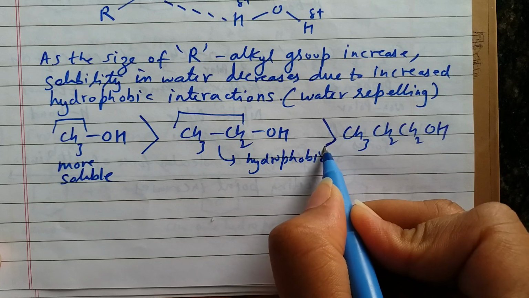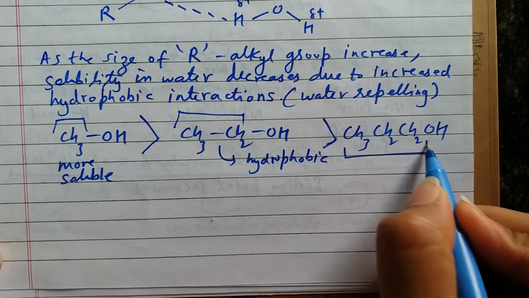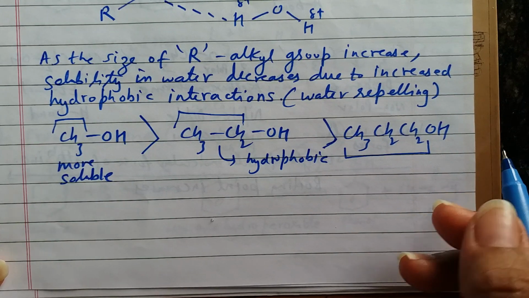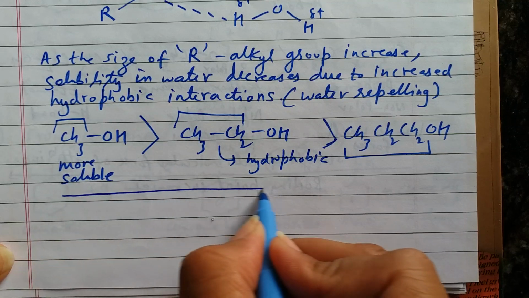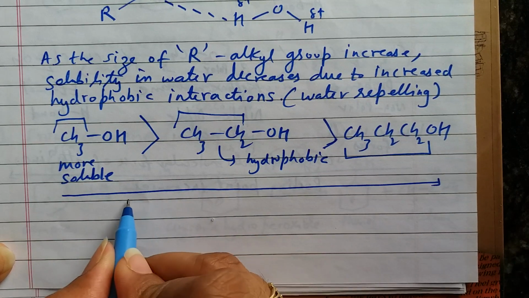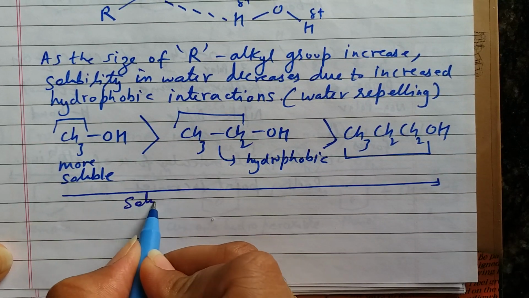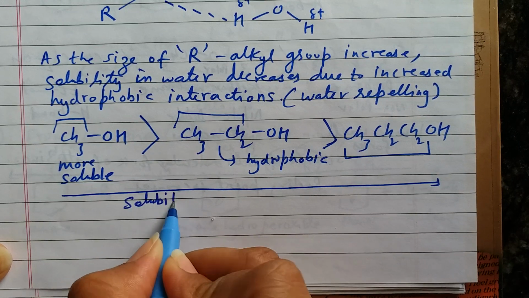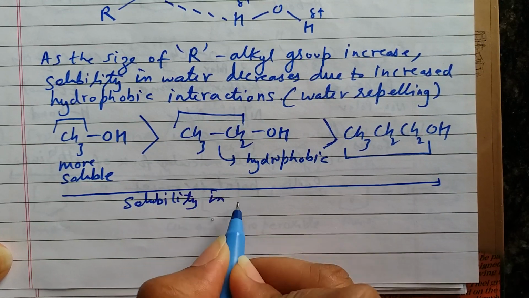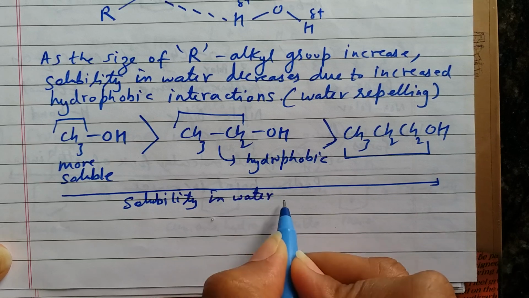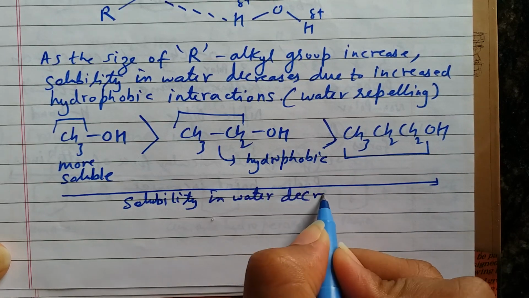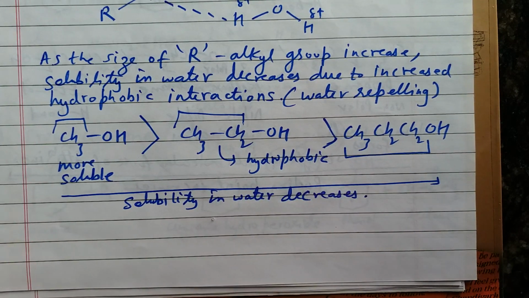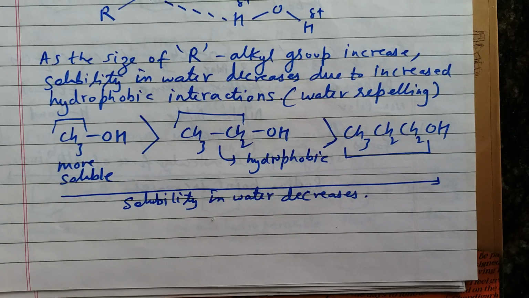It will be the same order. As the size of the alkyl part further increases, it will become less soluble. So from methanol to ethanol to propanol, the solubility in water decreases. With increase in the size of the alkyl group, which is hydrophobic, solubility in water is going to decrease.